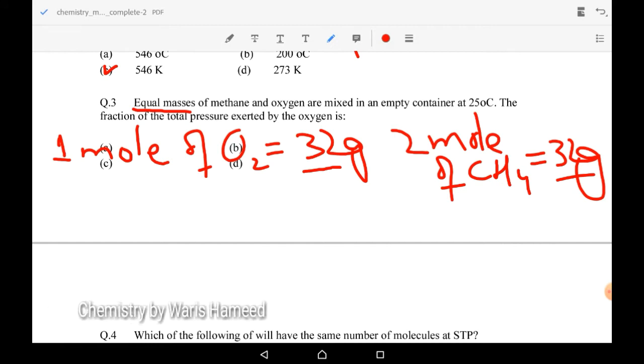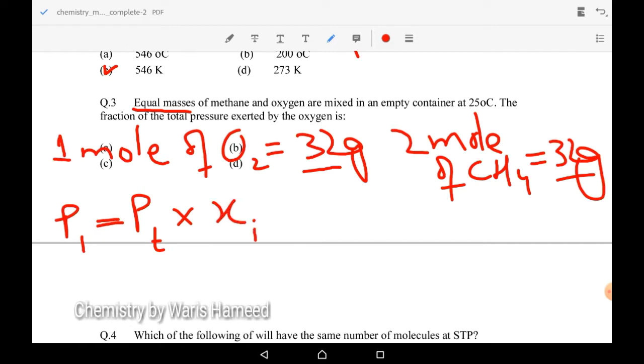We know that the pressure of an individual gas is equal to total pressure multiplied by its mole fraction, Xi. So the pressure of oxygen is equal to total pressure times its mole fraction. For both gases the total pressure will have the same value.